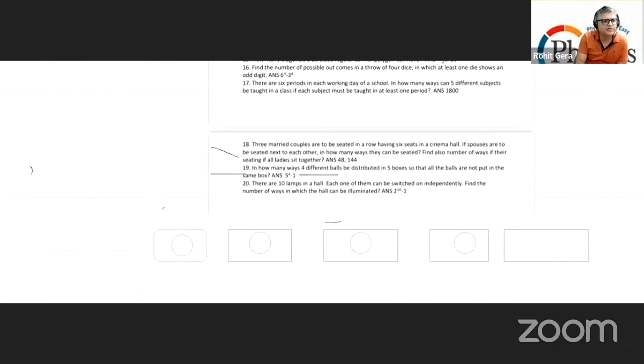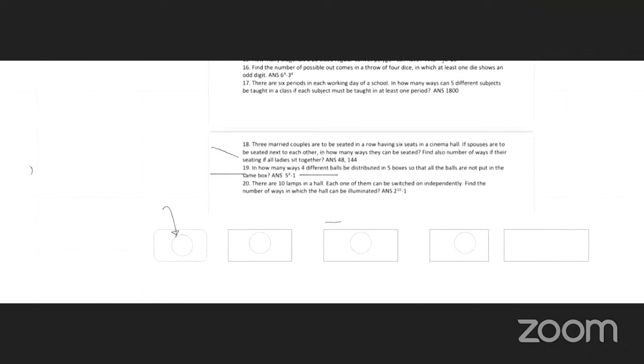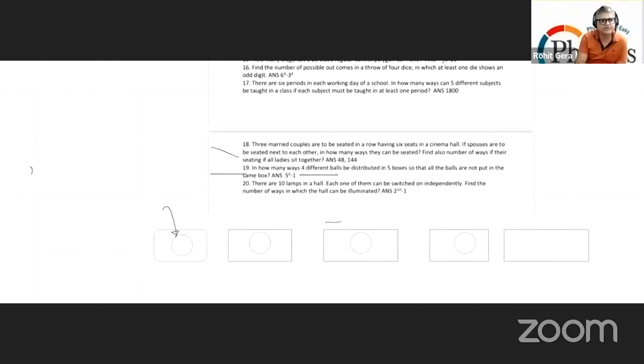First box. You have to fill up the first box. You have four balls. The first box can be filled up in how many ways? Four. You can't put all the balls in the same box.